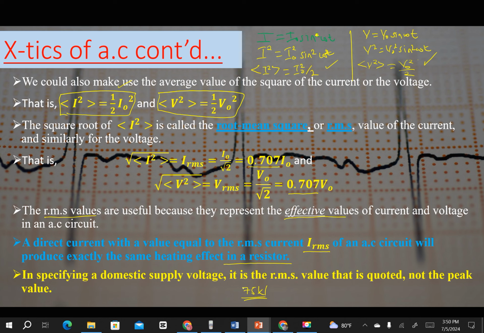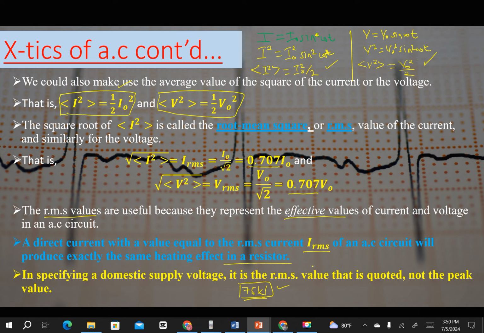But when we say the bulb requires 75 watts, it means you can connect the bulb to a DC supply of 75 watts, or you can connect it to an alternating current whose root mean square value gives a power of 75 watts. This is the average power needed by that bulb if it is connected to an alternating supply.